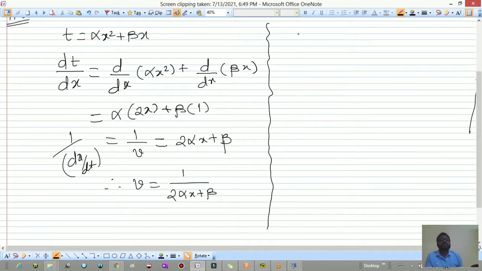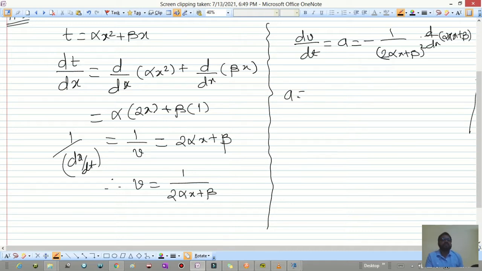Now differentiate this velocity with respect to time. You will get acceleration. dv by dt is acceleration, which is equal to minus 1 divided by 2 alpha x plus beta whole squared into the differentiation of the argument, 2 alpha x plus beta.